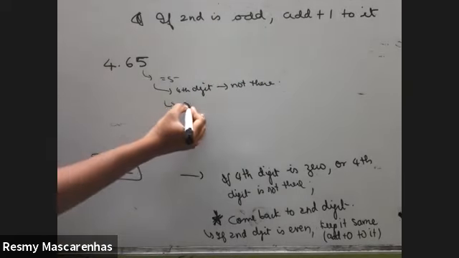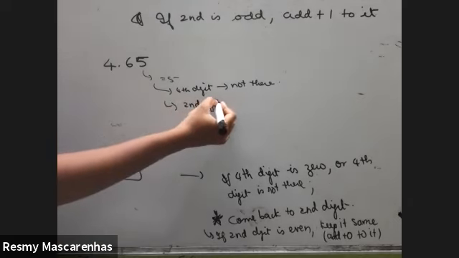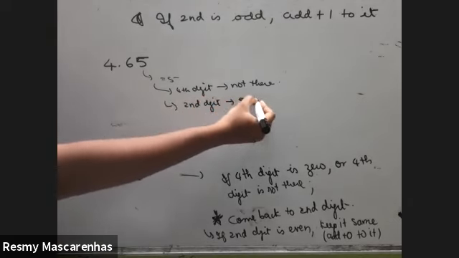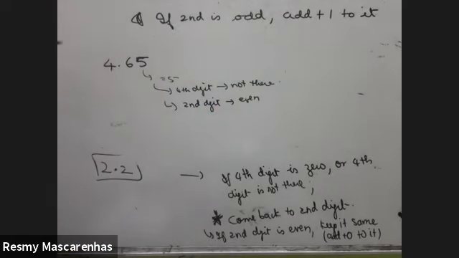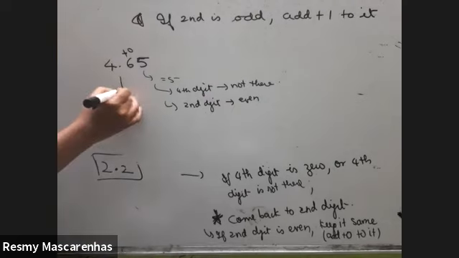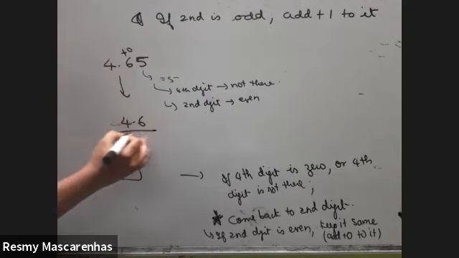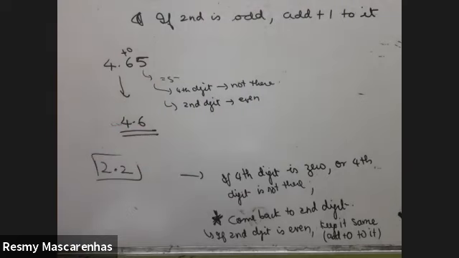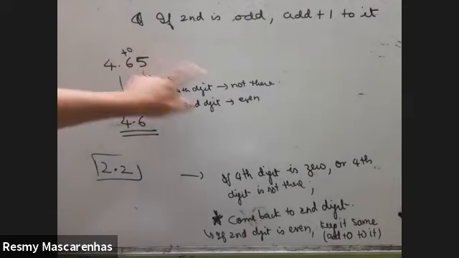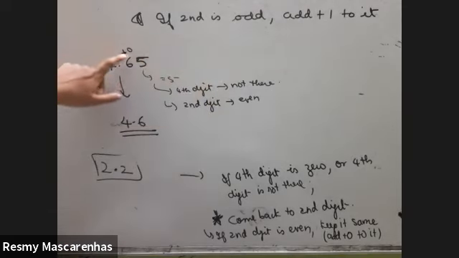So come back to the second digit. The second digit is even, so it will be +0 because it's an even number. So your answer will be 4.6. So whether it is 0 here or not there, you have to come back to the second one.